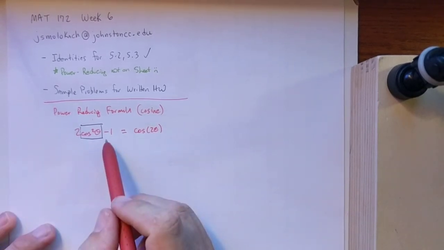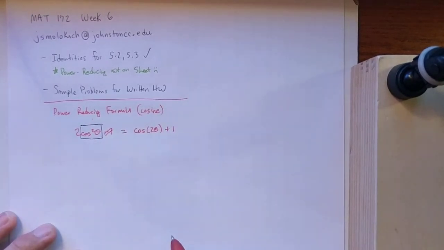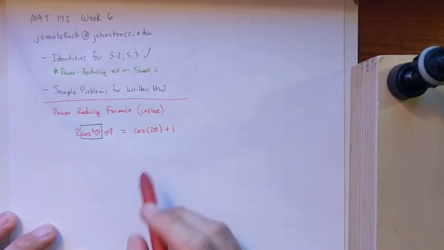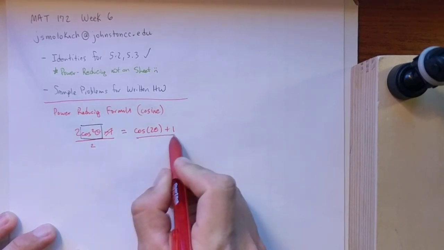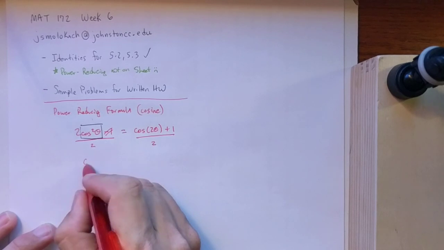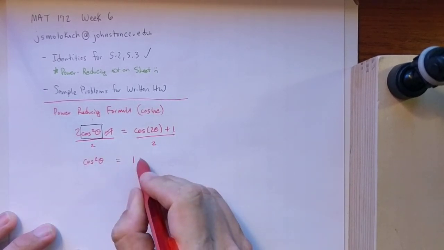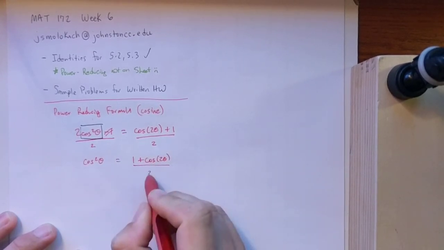The first thing I'm going to do is add 1 to both sides. If I add 1 to this side, that goes away, and if I add 1 to this side, I get this. Now we're going to divide both sides by 2. Okay. In the book, I think it's going to put the 1 first. It's 1 plus cosine 2 theta divided by 2.